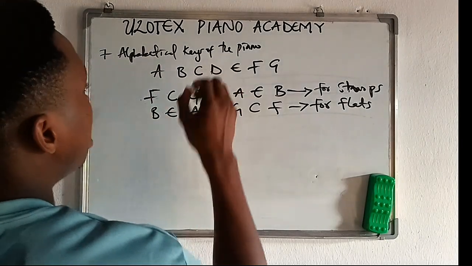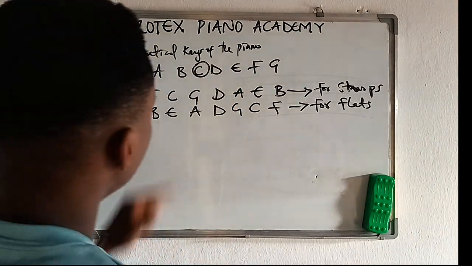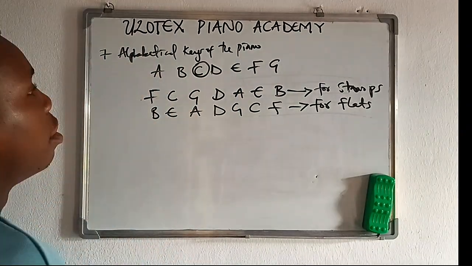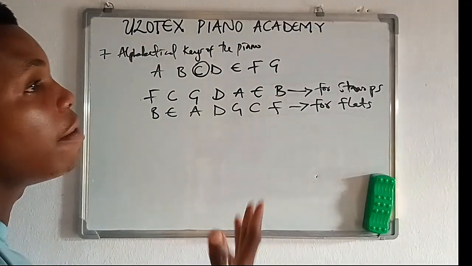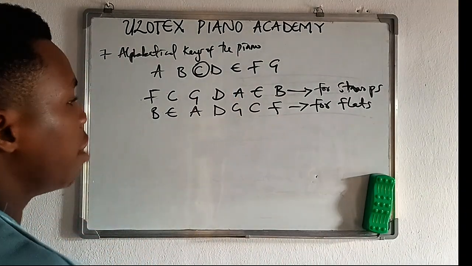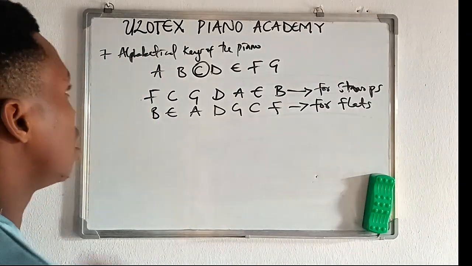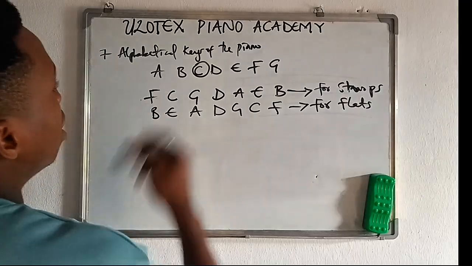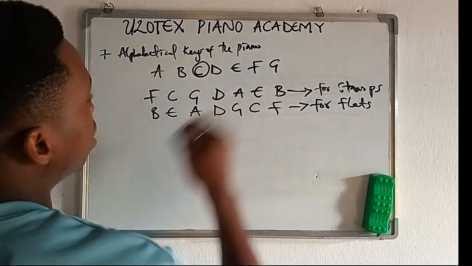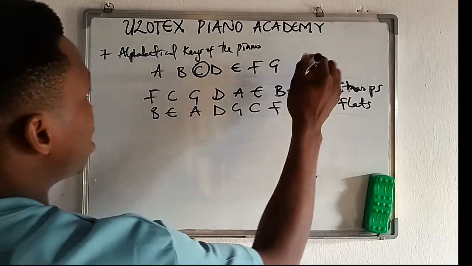So now, since C is the natural key, we circle C. Now, we are going to be counting 5 each from C. When we get to the fifth note, that means we are talking about that note. So let's try it. C, D, E, F, G. This is 5. Remember, these are the keys.